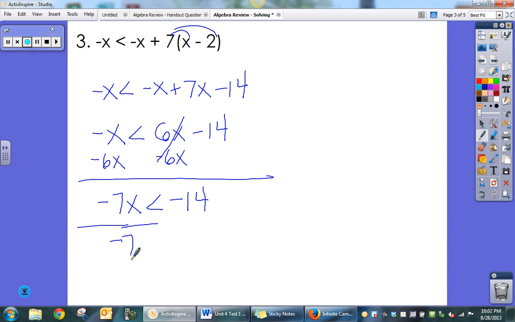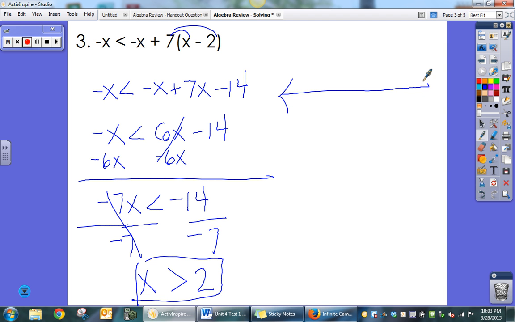Divide both sides by negative 7. Switch the direction of my inequality, and it becomes x is greater than 2. For my number line, since it's not equal to, it's just greater than, it's an open circle around 2 and an arrow to the right.